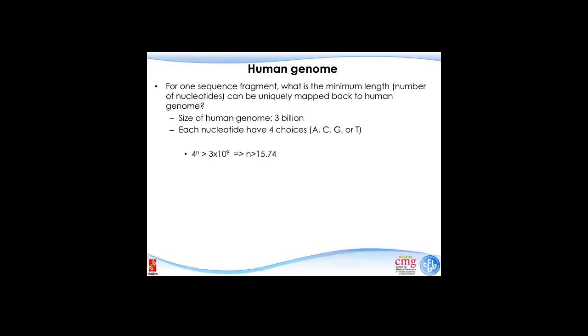Which means, at minimum, your sequencing primer shouldn't be lower than 16 bases. If it's lower than 16 bases, the chances are you're going to find multiple spots in the genome. That is the real consideration on this part. So in theory, reads with 16 bases or more can be uniquely mapped back to the human genome.